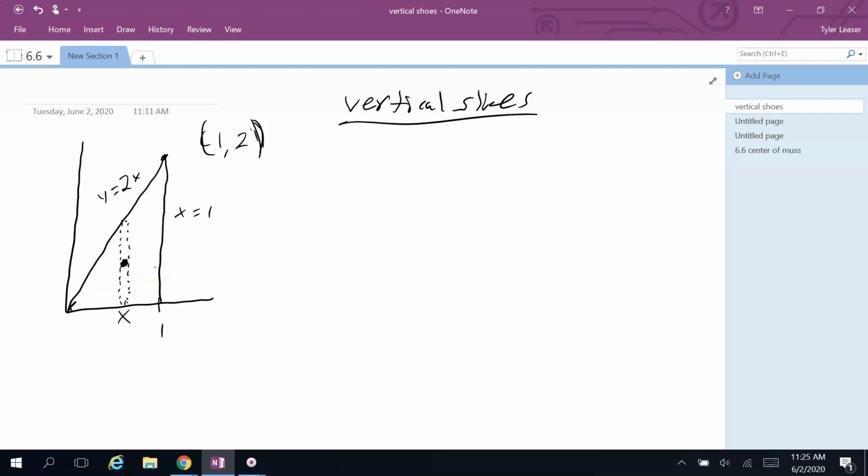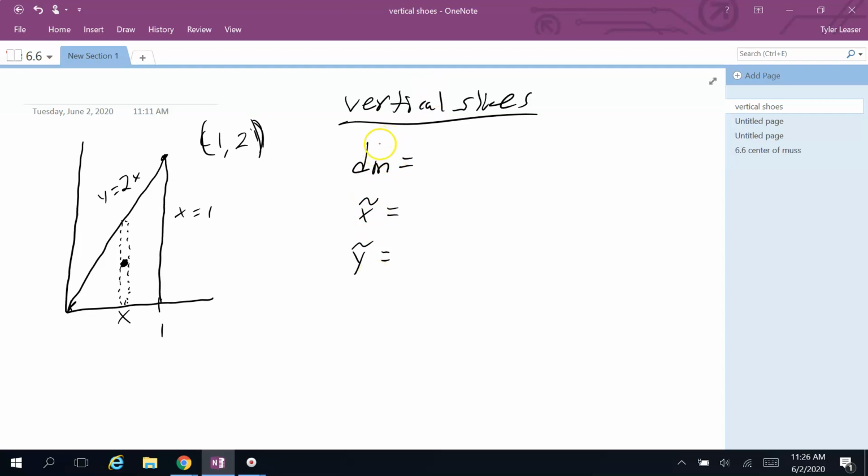That's the center of mass of the slice. So first things first, we're going to represent the mass of the slice as dm, and then we're going to need to come up with the x wiggle and the y wiggle. This is always what you want to do first for these questions. Decide whether you're going to do horizontal or vertical slices, then find the dm, the x wiggle, and the y wiggle.